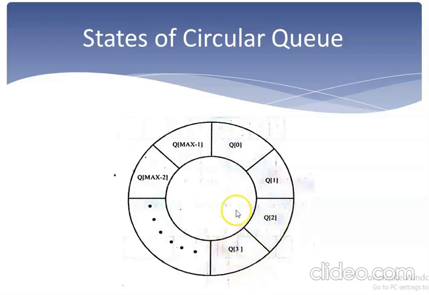For example, if front is pointing to Q3, then we can assign values up to Q of 2, that is just before the front. Rear can advance up to the location which is just before the location of front. Then also we will have all locations filled with values. Here also we can consider this circular queue as full.